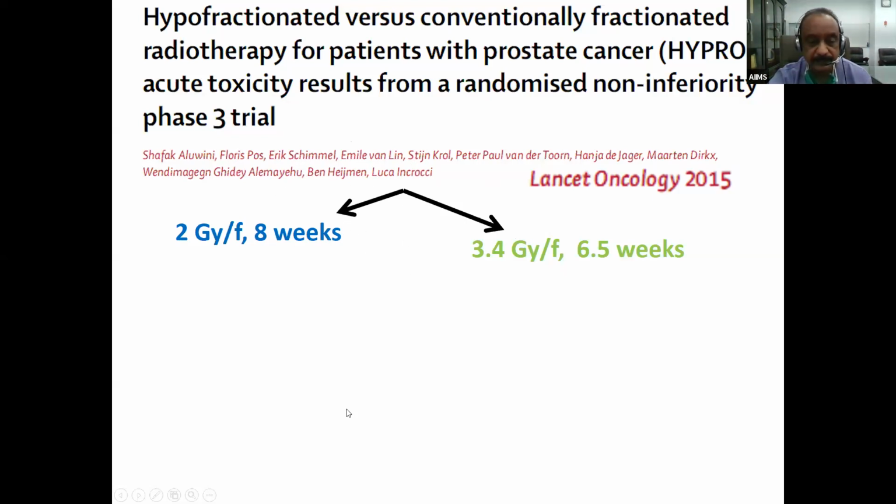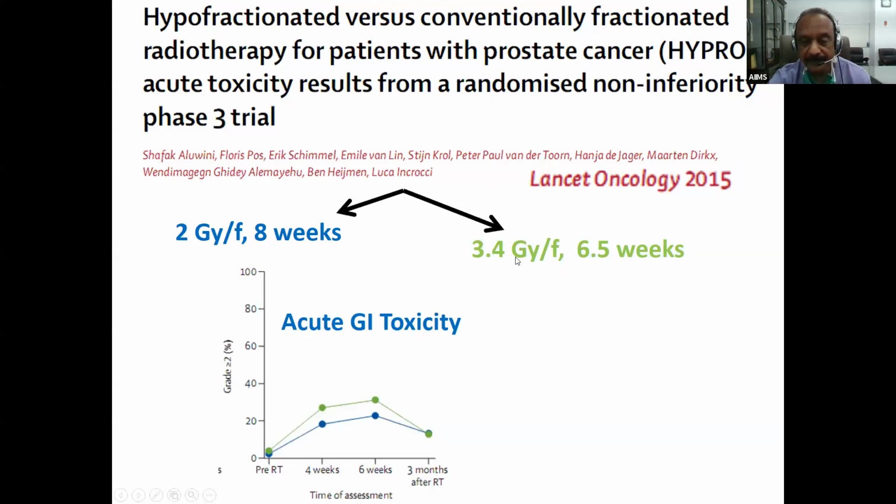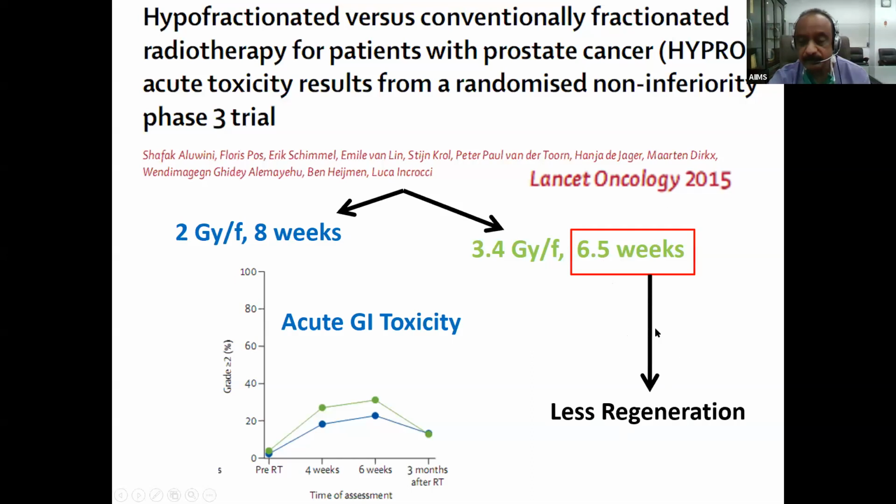What they observed was that acute GI toxicity was higher in patients treated with the hypofractionated arm. The reason, you can say, is that you have reduced the overall treatment time from 8 weeks to 6.5 weeks, so there was less regenerative activity, and that is the reason you get higher GI toxicity. Of course, another reason is that you have increased the dose per fraction from 2 gray to 3.4 gray, which will result in more cell kill.